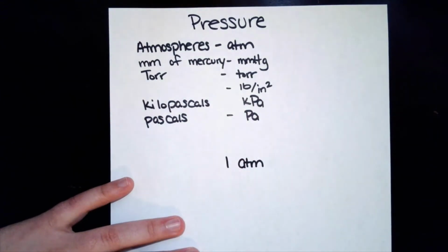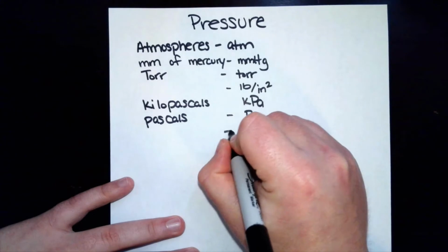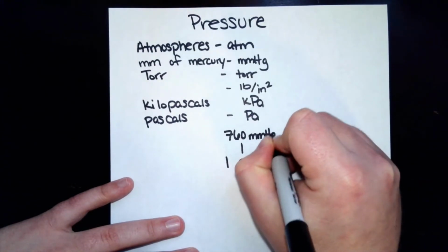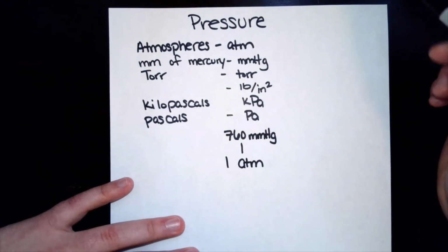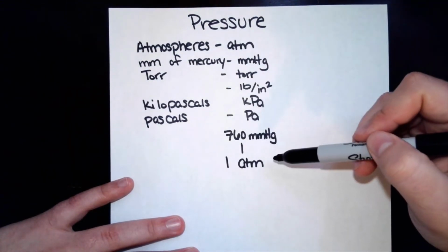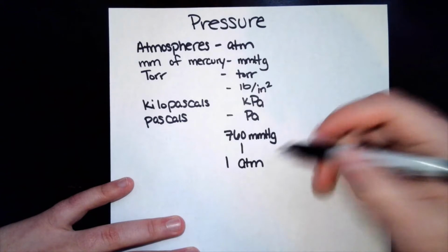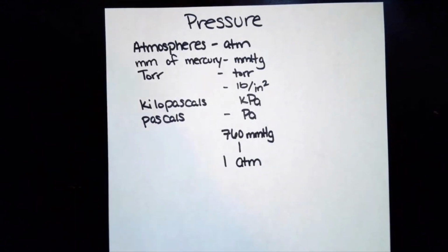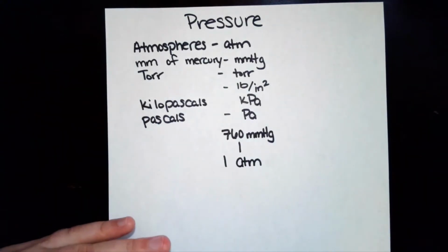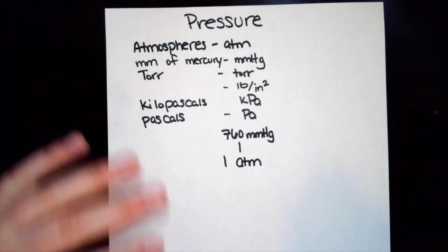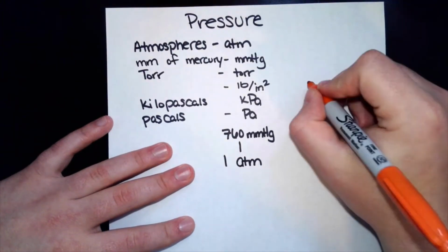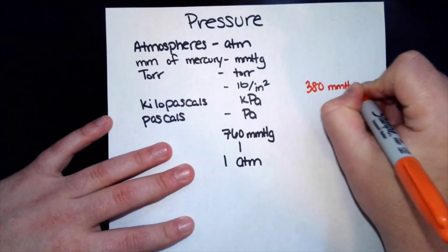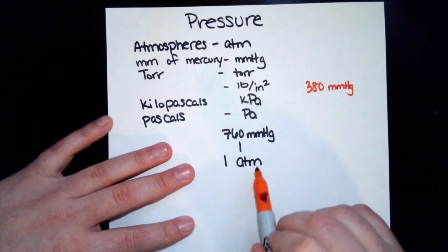So 1 atmosphere is equal to 760 millimeters of mercury. Now, one thing to keep in mind as I'm saying these is that all of these can be used as conversion factors. So, for instance, if you are given a problem and you need to plug it into the ideal gas law equation, which means you need to get the pressure in atmospheres. If you're told you have 380 millimeters of mercury, well, you can use this as a conversion factor.